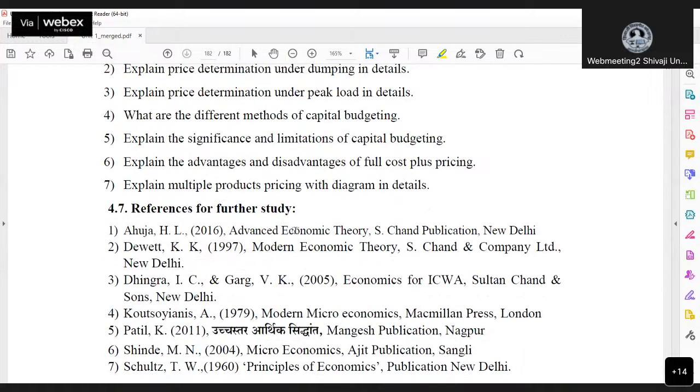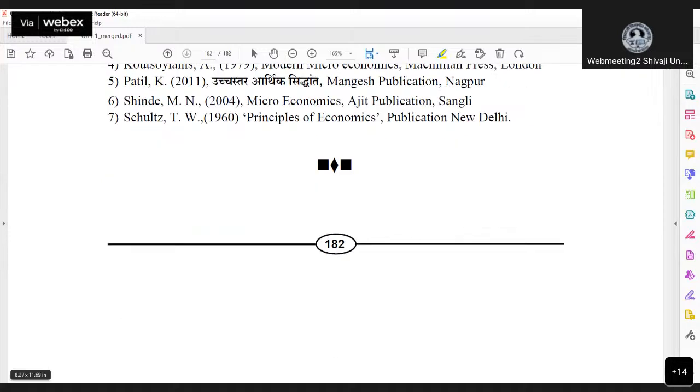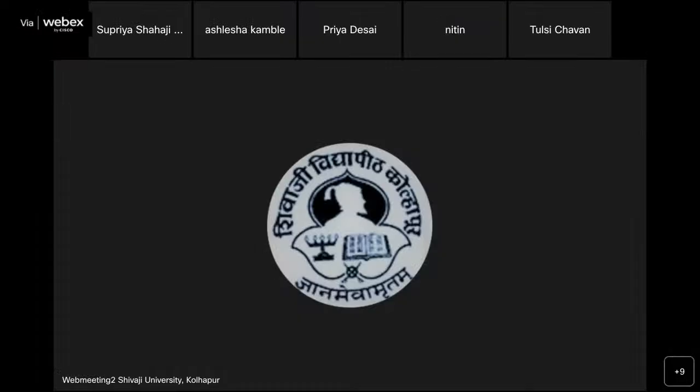If possible, try to use these reference books. It will give the basic concepts about managerial economics.